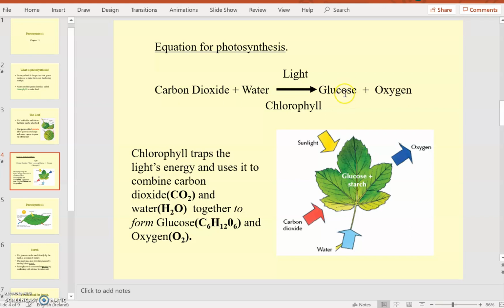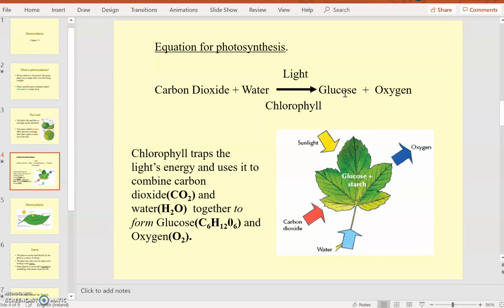The key thing on the glucose is the plant isn't going to use up its extra glucose. It'll use up a certain amount of the glucose it produces, and some of it is excess, so it doesn't need it. In our bodies, if we take in too much energy, if we eat too much food, we store our extra energy as fat. A nice way of putting it would be, if the plant produces too much glucose, it stores that glucose in its leaves, and the way it stores it is in the form of starch.